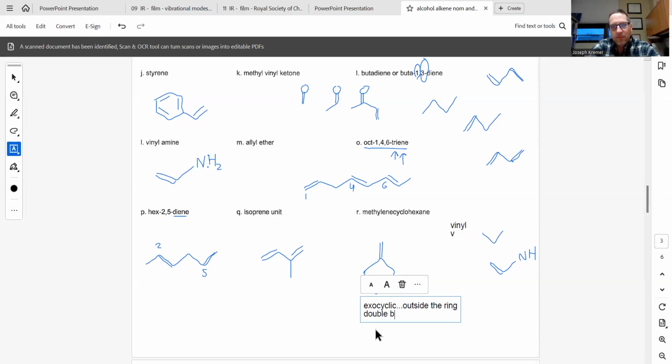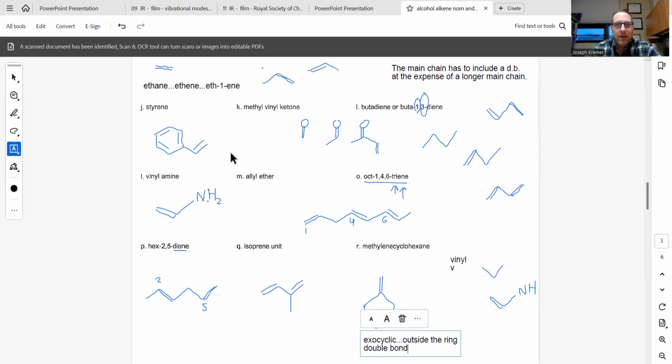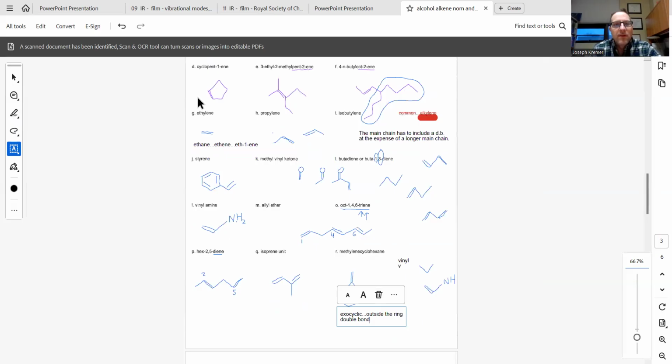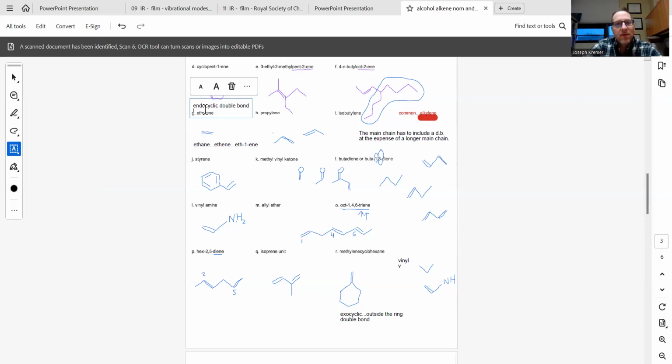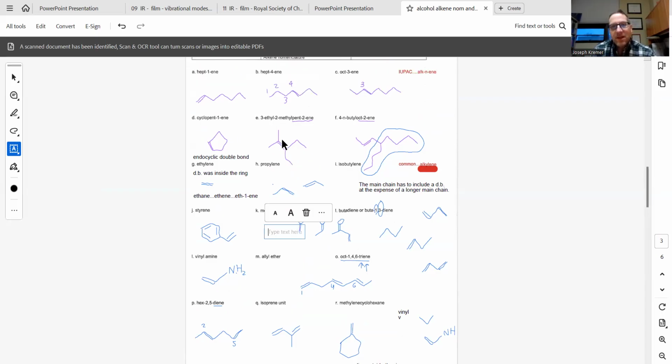Back up above, the cyclopentene was an endocyclic double bond. Endo means the double bond was inside the ring, not outside. There are endocyclic double bonds and there are exocyclic double bonds when it comes to rings.